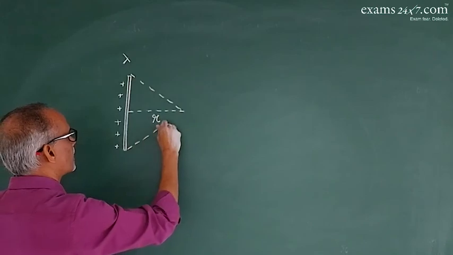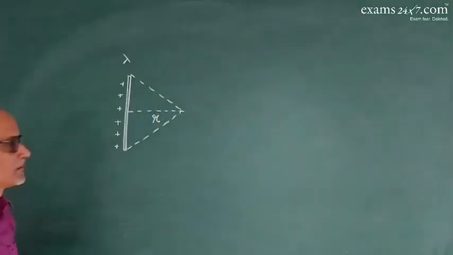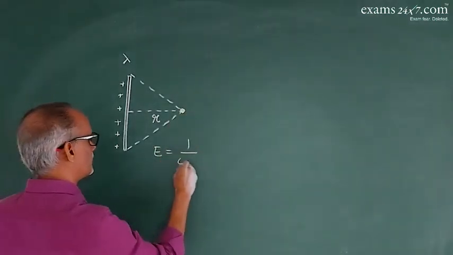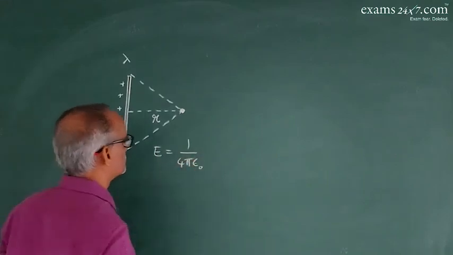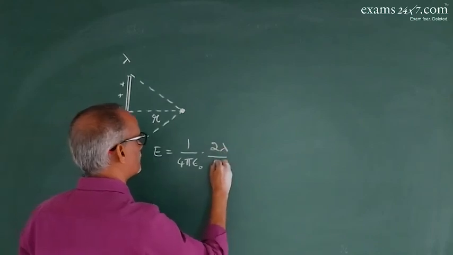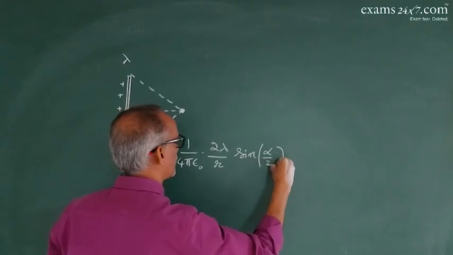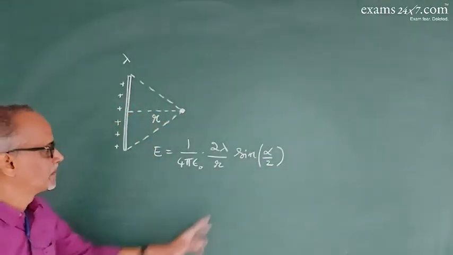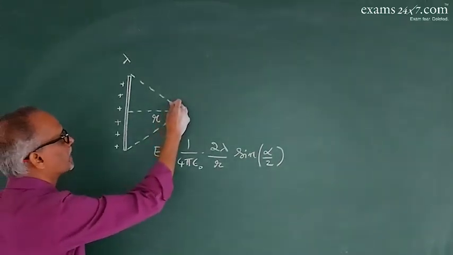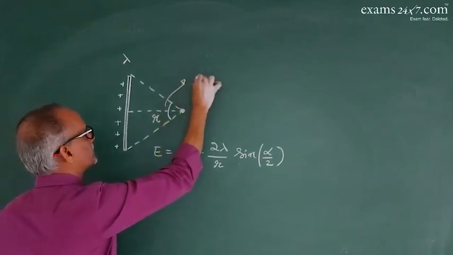These are the ends joining the conductor, and the electric field at this particular point is given by E equal to 1 by 4 pi epsilon naught, 2 lambda by r, sine alpha by 2, where alpha is this angle, the total angle.